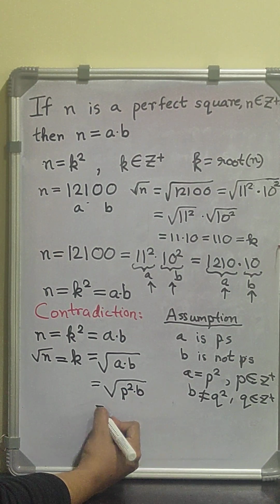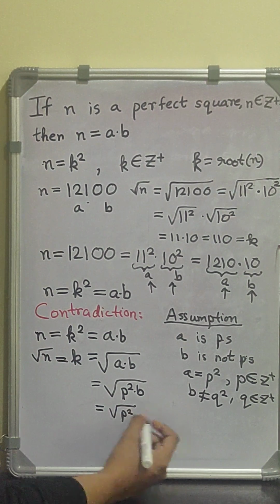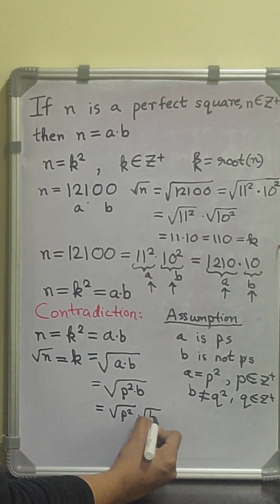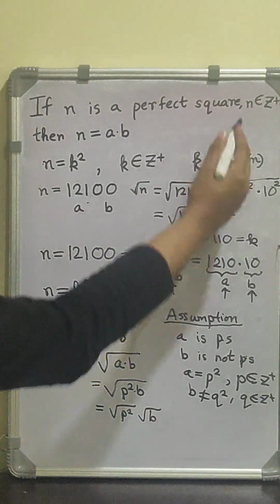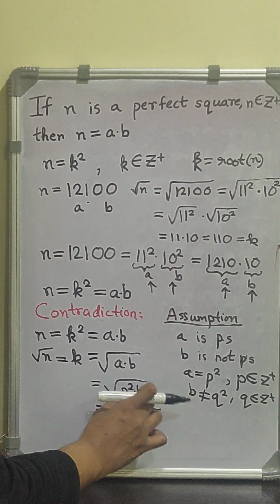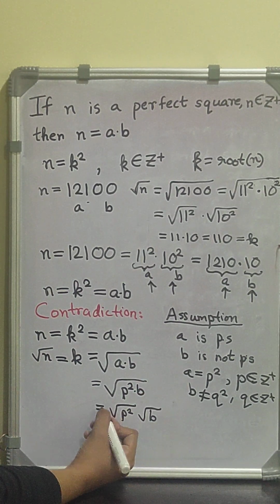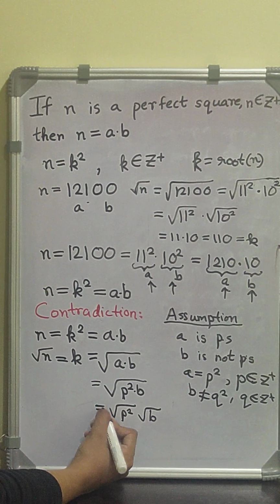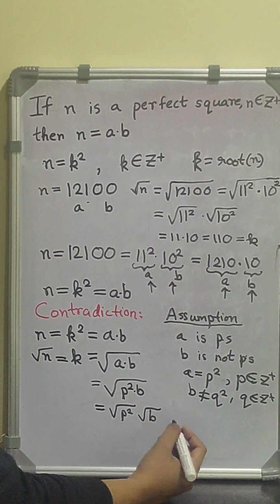And if I split the terms in the root, it can be written as root p squared times root b. By the way, this splitting of square roots is for positive integers. For negative numbers inside the root, the laws are a bit different. So we are safe because everything is positive integers here in this example.